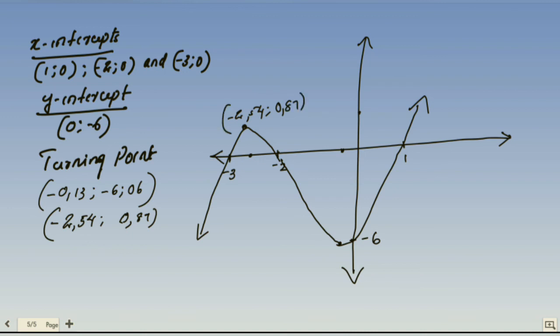Then this turning point is minus 0,13, then minus 6,06. So it is better to indicate the turning point on the cubic graph. It's clear.